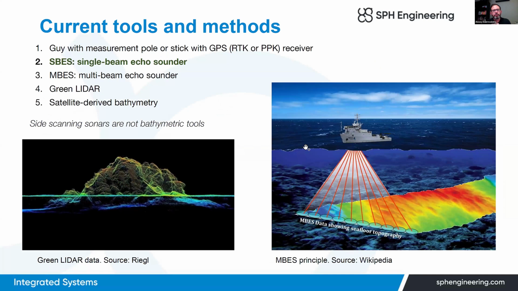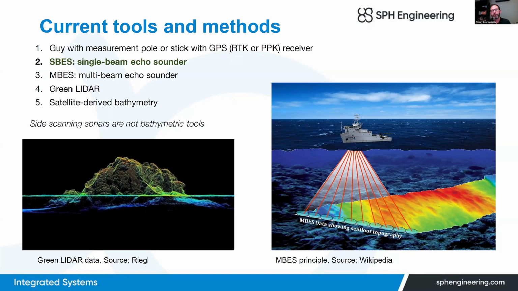So what current tools exist on the market which can be used for bathymetry, for depth measurements or for bottom profiling? Still a very popular method, and maybe the cheapest, is a simple measurement pole, or a measurement pole with an RTK receiver on top of it. That method is cheap.